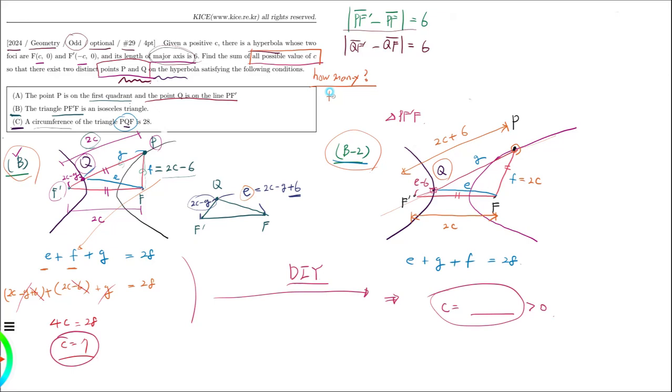So in this case, it's 2 cases. That's all possible cases. And then if you can draw a rough picture of the hyperbola, without the complicated calculation, you can reach the answer. Okay, that's it. Thank you.